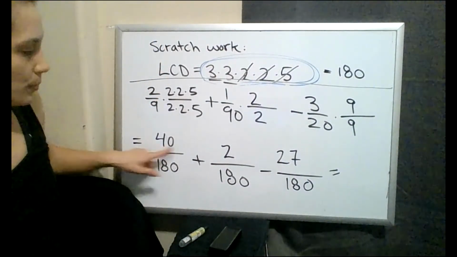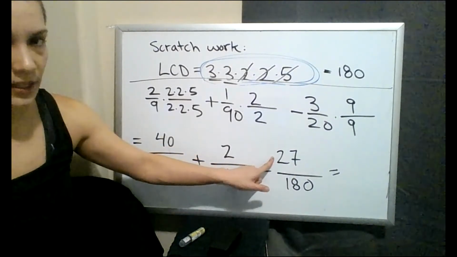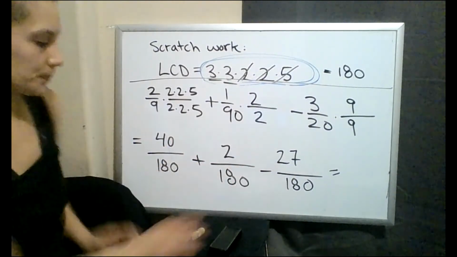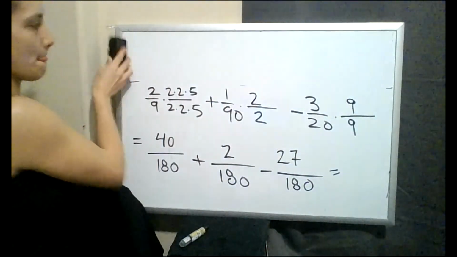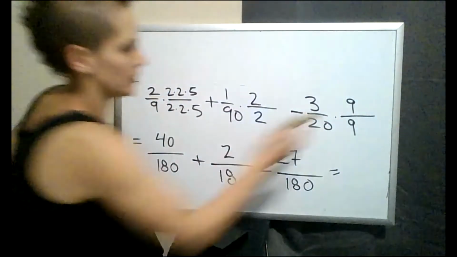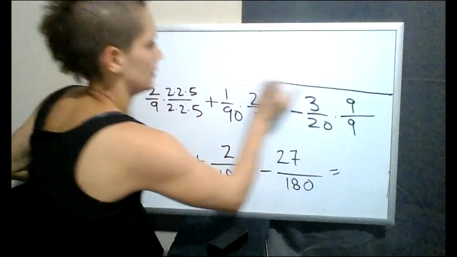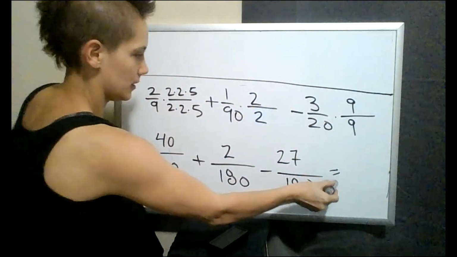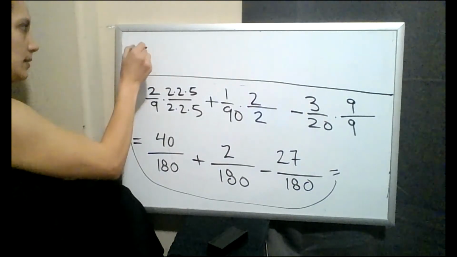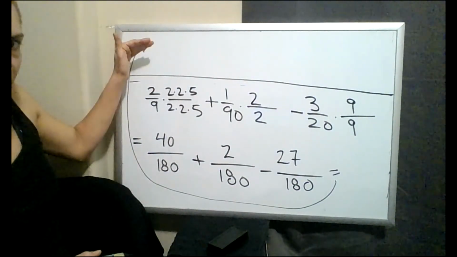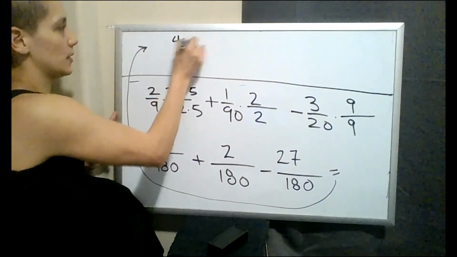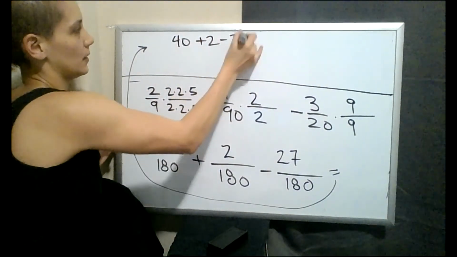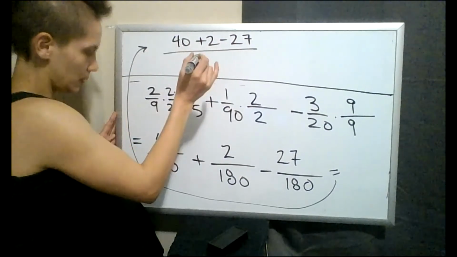Okay, so 40 plus 2 minus 27 is all in the numerator. I'll put it at the top. Okay, so next step is 40 plus 2 minus 27 over 180.